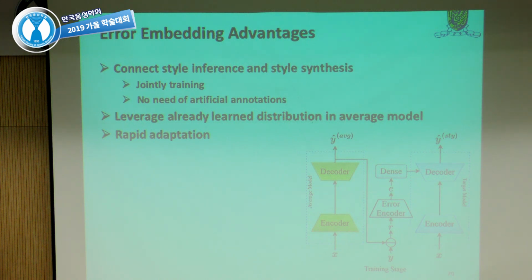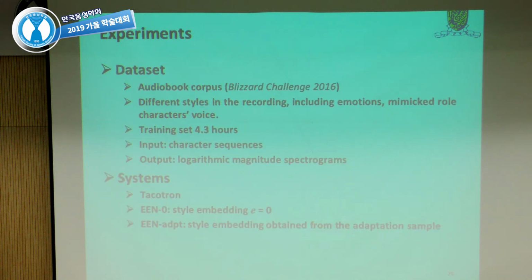We are still talking about combining two sub-modules into one model, and so this one model can be jointly optimized. We can also leverage an already trained average model for generating the residual error, and this model can also be used for rapid adaptation, because you only need to provide one exemplary utterance, then the model can be adapted to the target emotion.